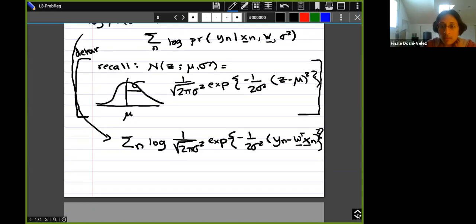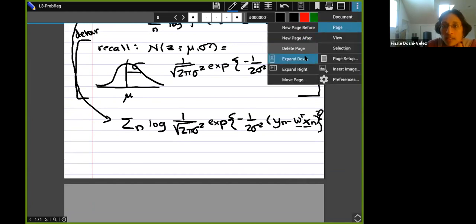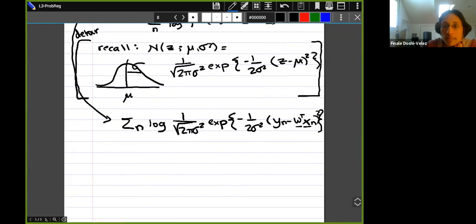So let's take a moment to understand why this thing would look like this. We had the noise epsilon, right?